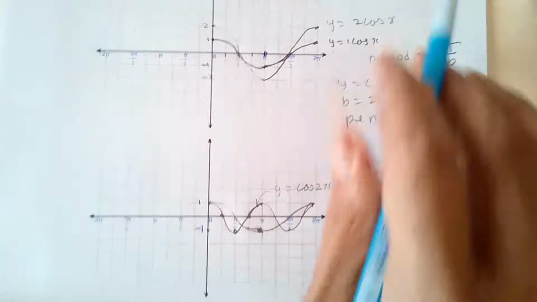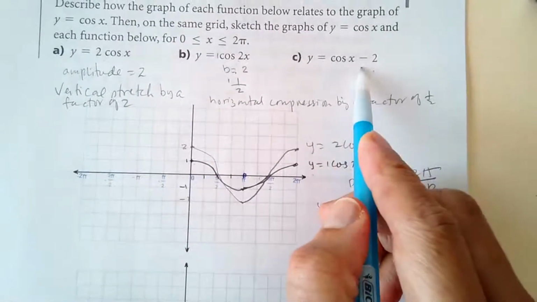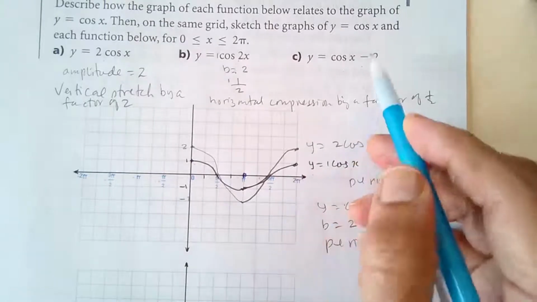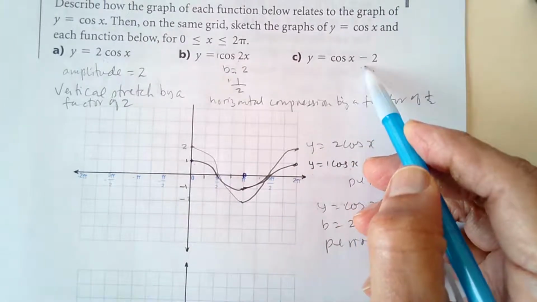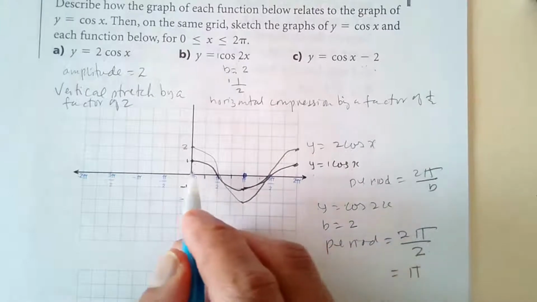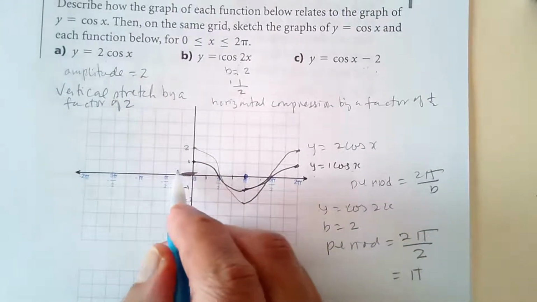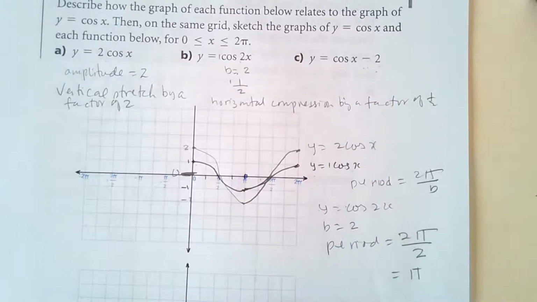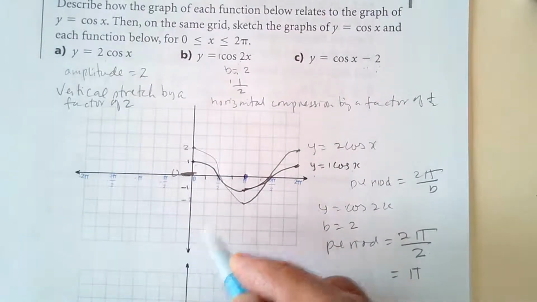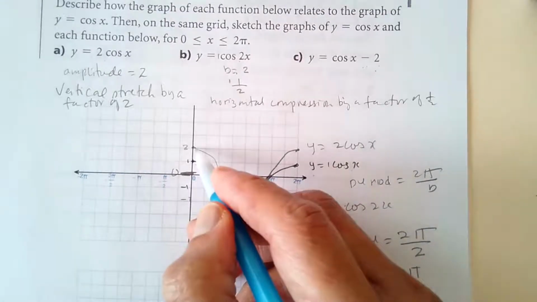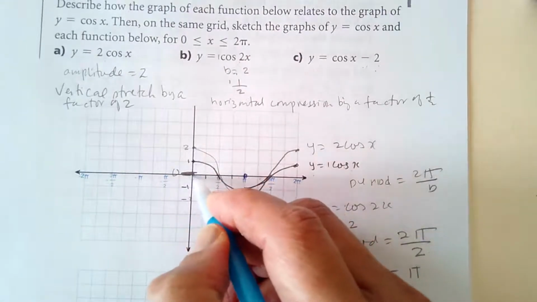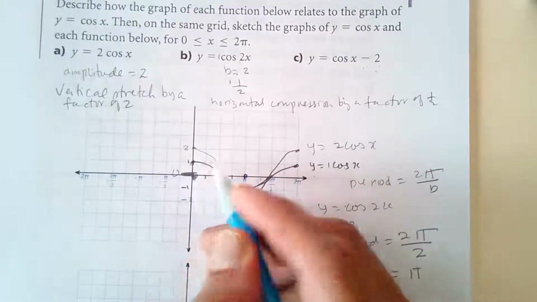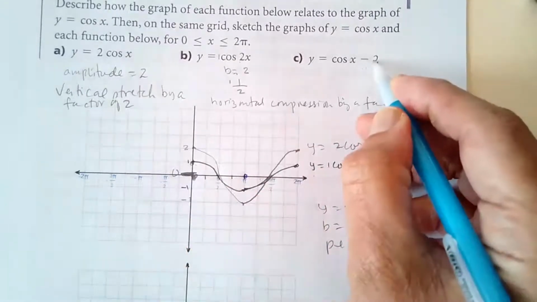Now if we look at the next one, we have an exact graph as the cos, except now it's a vertical shift of -2. So instead of the midline being at 0, this graph all shifts 2 units down. So now we go from 2 to here, and from 1. So we're shifting 2 units down.